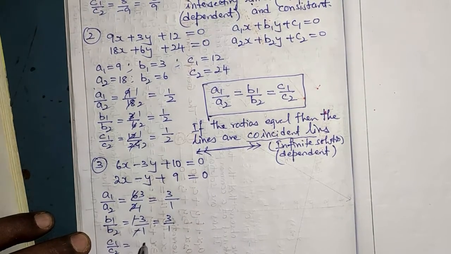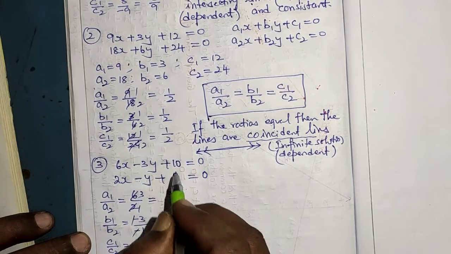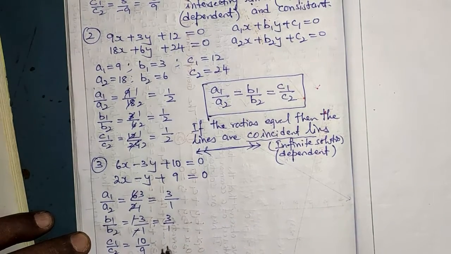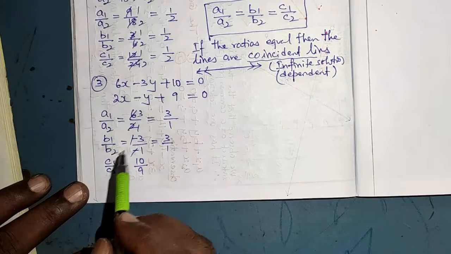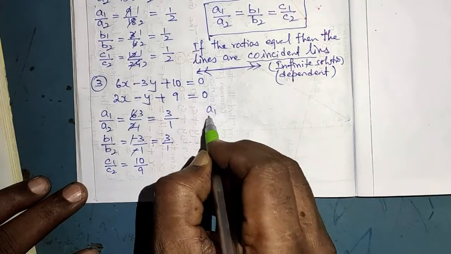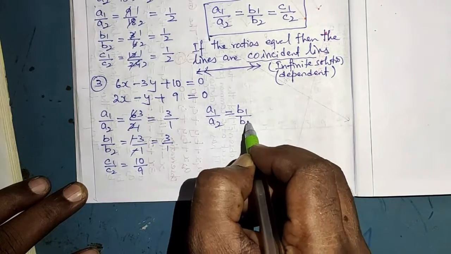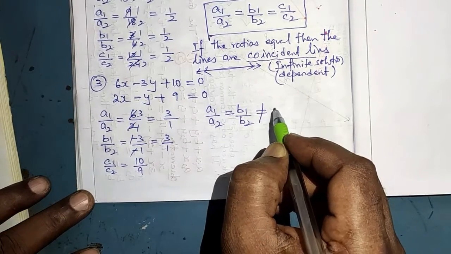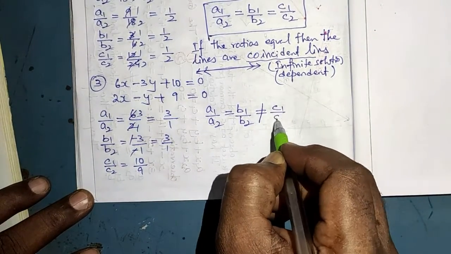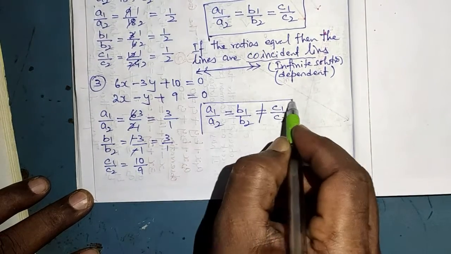Now what is c1 by c2? c1 is 10. c2 is what? 9. It is 10 by 9. So what is our observation here? Observation is a1 by a2 ratio is equal to b1 by b2, which is not equal to c1 by c2. Now what is our conclusion?